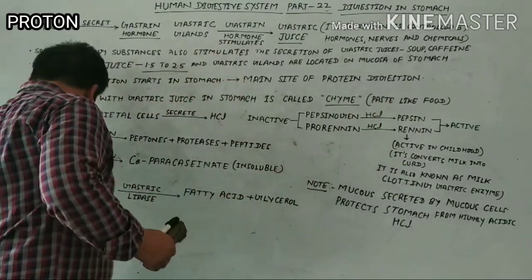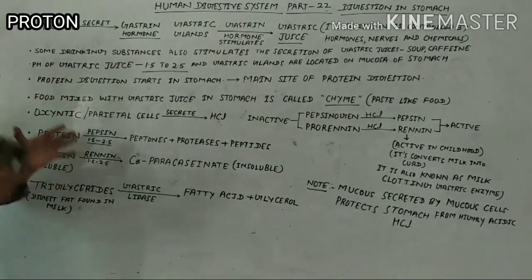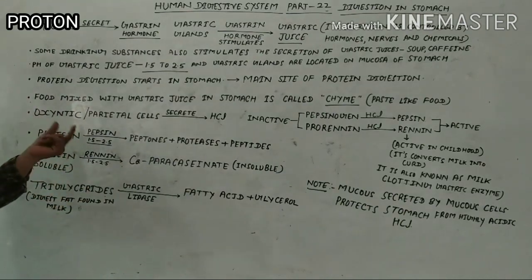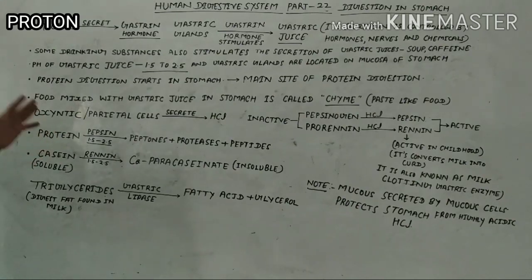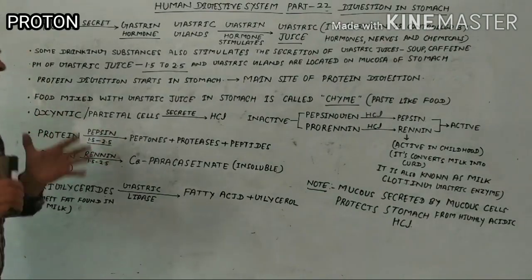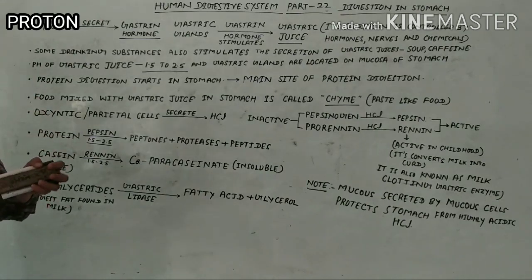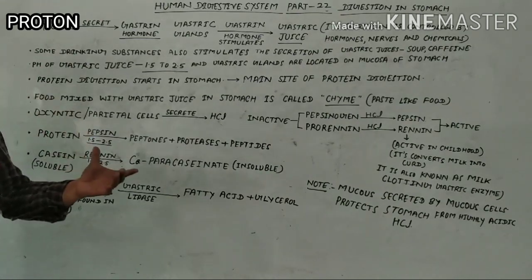So come to the next point, our main point: how protein gets digested and what side products form after digestion starts. Students, you know very well that in our stomach the digestion of protein starts first. So protein converts into three important side products, or we can say partially digested proteins.